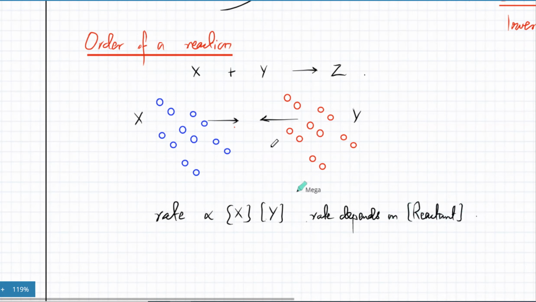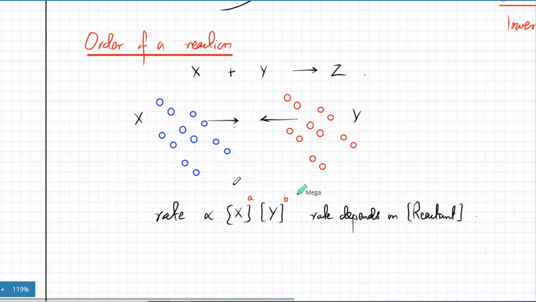Now there's one thing I'm going to add, and that is a power over here, which is a, and this one over here is b. What this means is I know that rate is dependent on the concentration of X, but I don't know exactly how. If I double the concentration, maybe the reaction rate would double, but it might increase 4 times, or 8 times, or there's a small possibility that it might not increase at all.